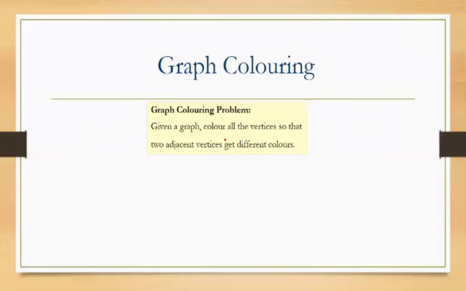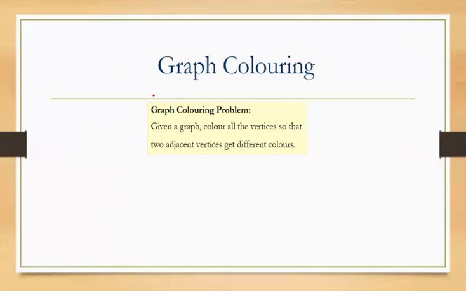The problem of coloring the regions of a map is equivalent to the problem of coloring the vertices of the dual graph, so that no two adjacent vertices in this graph have the same color. Now this is the graph coloring problem. I am stating the definition, you can note it down.